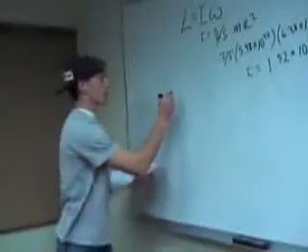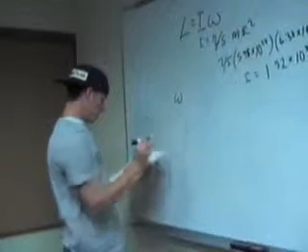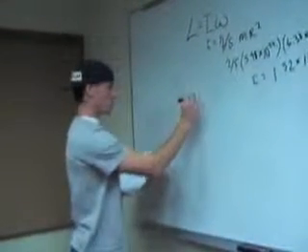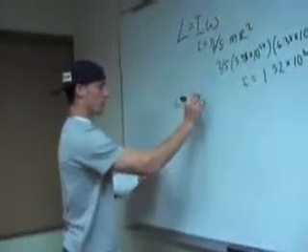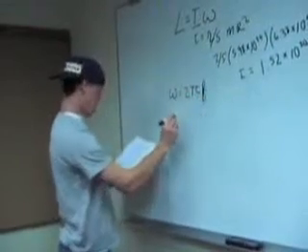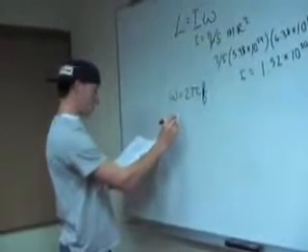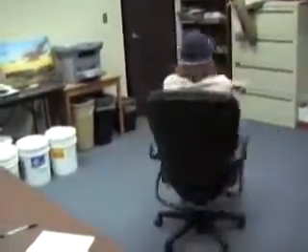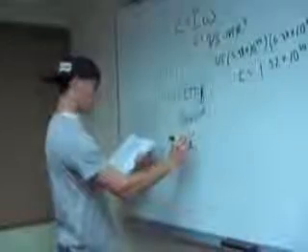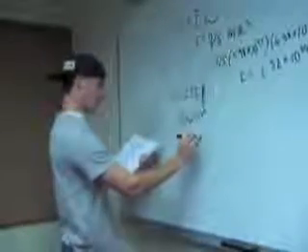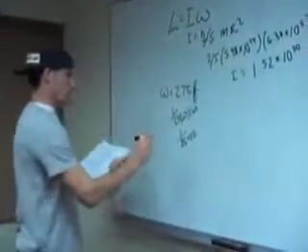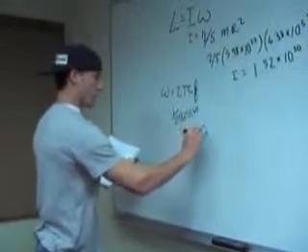Alright. Now to find the omega, we're going to do omega equals 2 pi times frequency, right? And the frequency of the Earth is 1 over 24 hours times 60 minutes times 60 seconds, which makes it 1 over 86,400, I believe, times 2 pi.